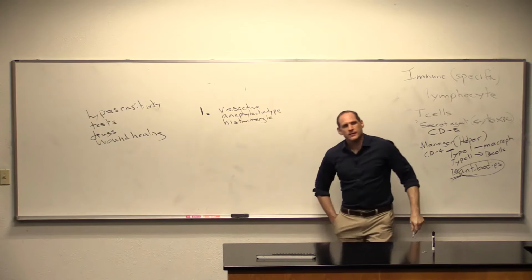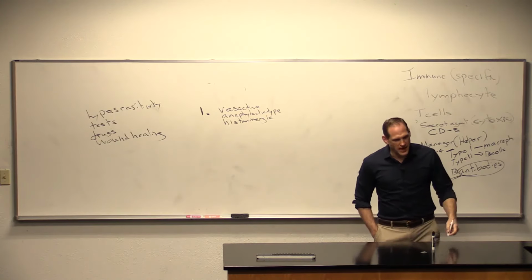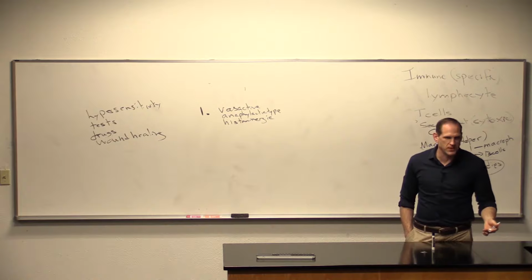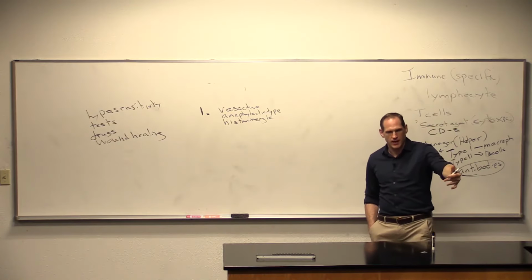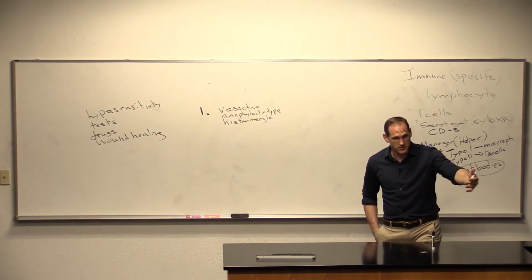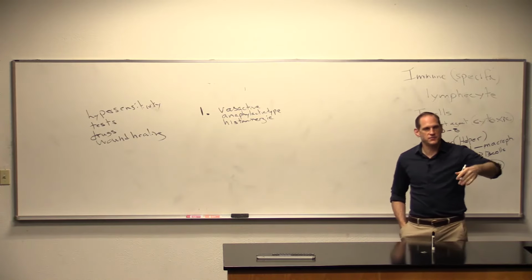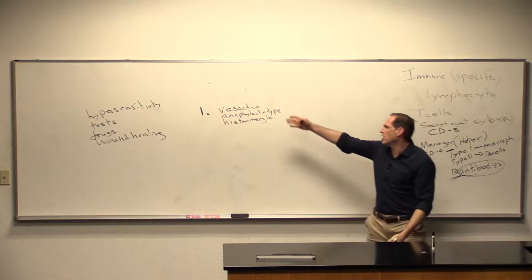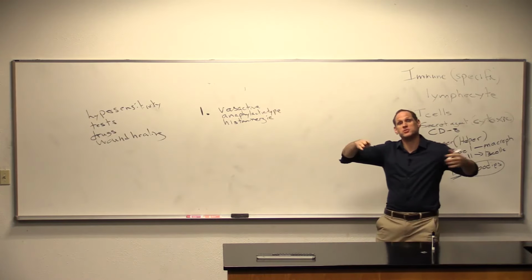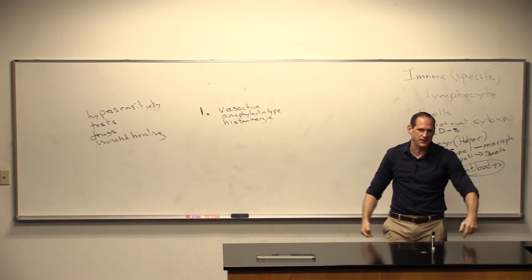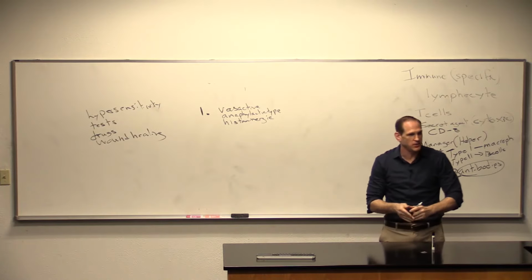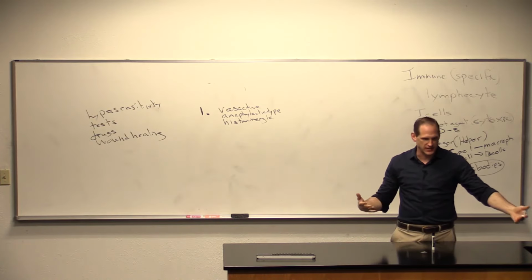Now, they're called histaminergic because the major mediating inflammatory mediator is called histamine. Histamine causes vasodilation, which is why they're called vasoactive. And in its most severe form, it can actually cause anaphylactic shock, which is why it's called anaphylactic type.